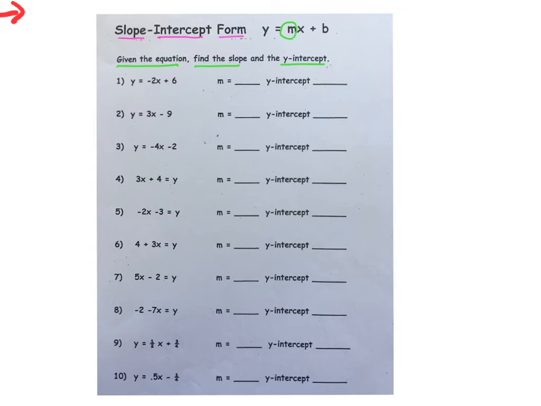And let's be very conscious to pay attention to whether the slope is positive or negative. We know the slope is the coefficient that lives in front of the variable x. So let's go down through and circle every coefficient. Make sure if it's negative to include that negative symbol in your circle.